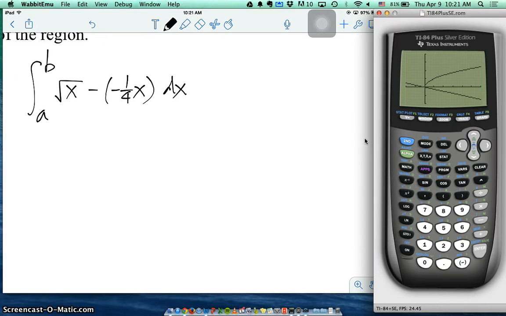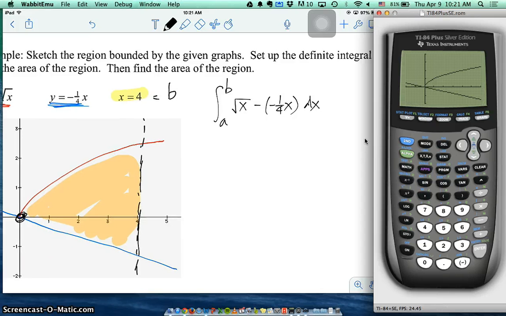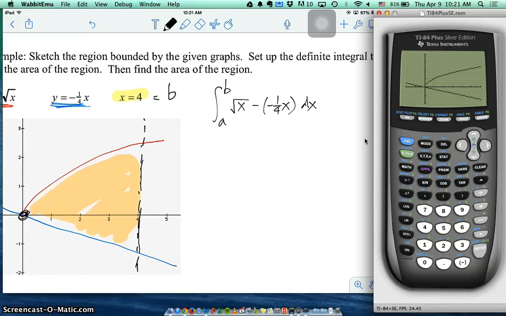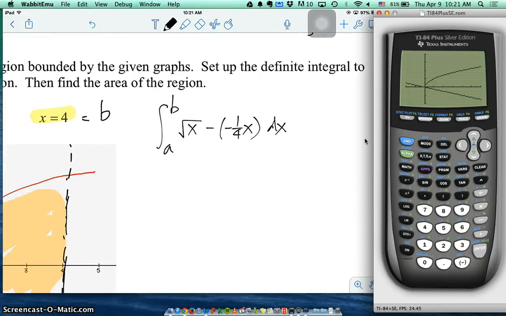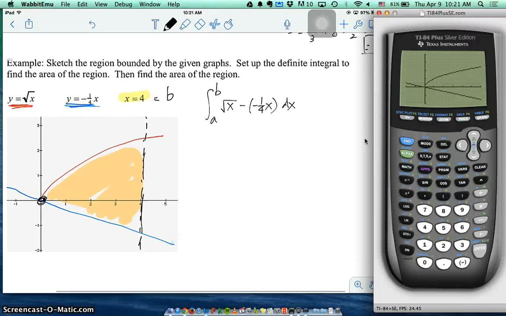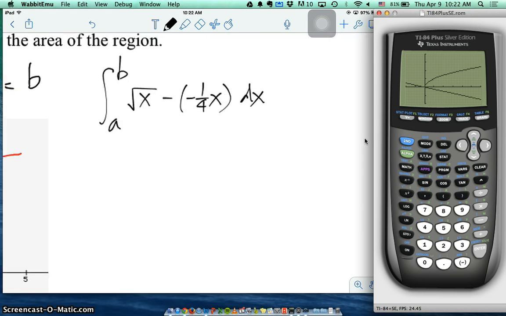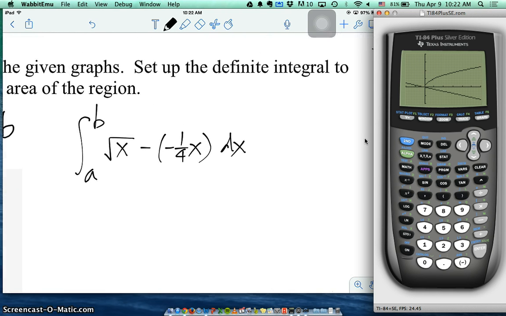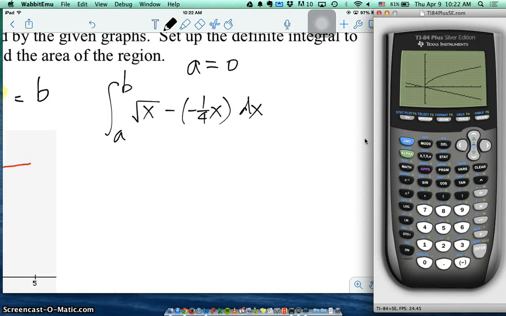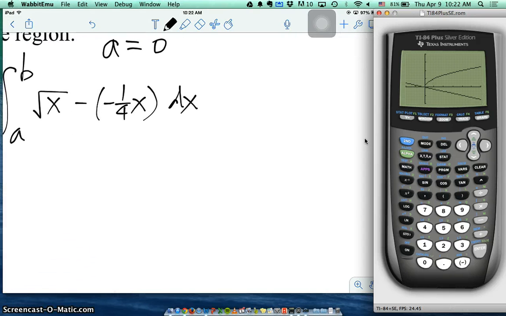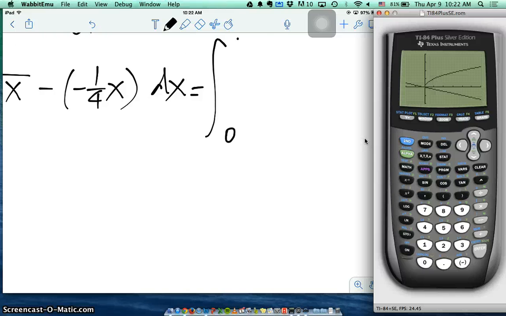As we said earlier, a is going to be 0, and b is 4. Whenever you're doing anything on the calculator, you have to write it down, or if you assume people know, you need to actually write down the value. So let's write down a equals 0, b equals 4.